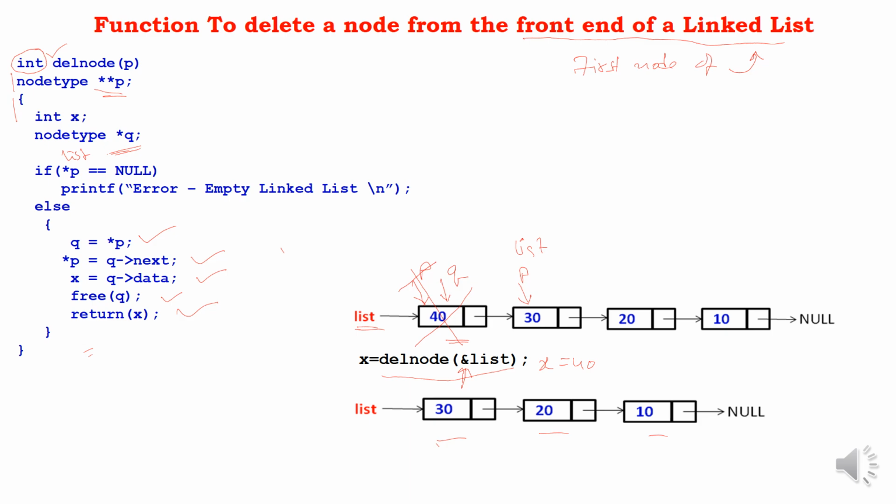Then 10 next is null, which means it is the last node of the linked list. So before the delete node function, there are 4 nodes in the linked list. After the delete node function, there are 3 nodes in the linked list. So the first node is deleted using these instructions. Practice it with some other example.